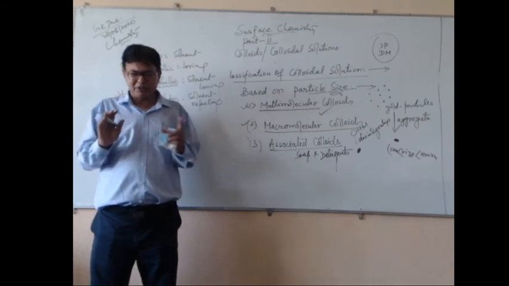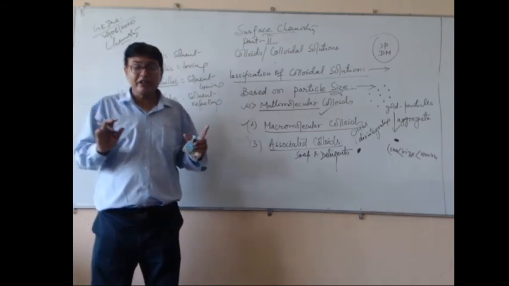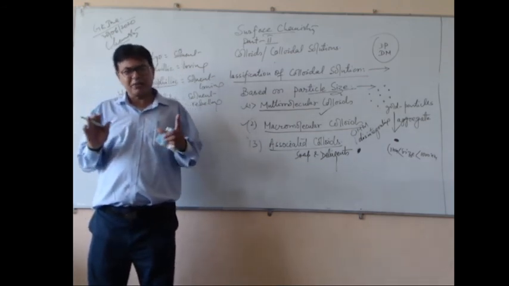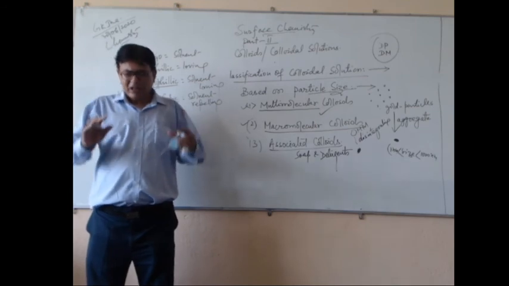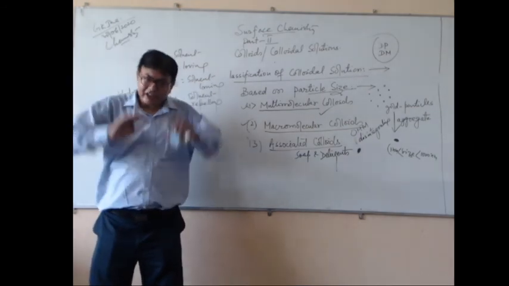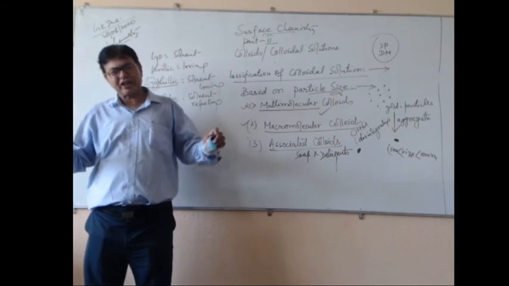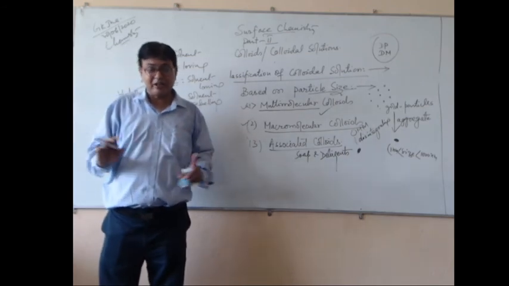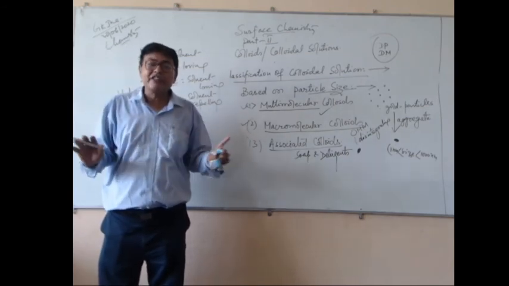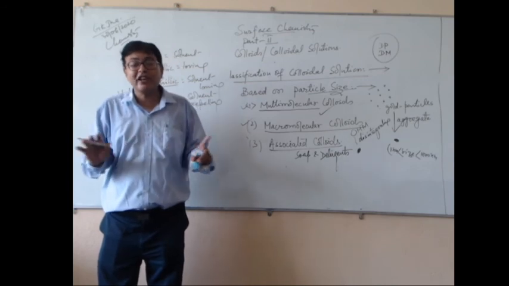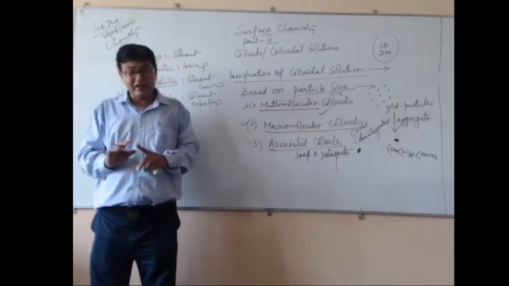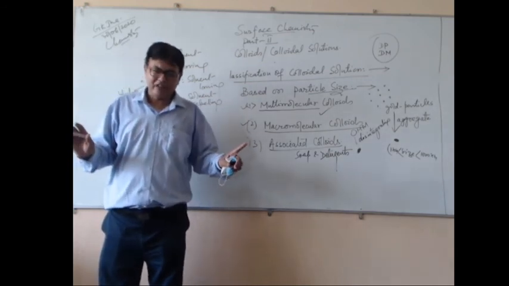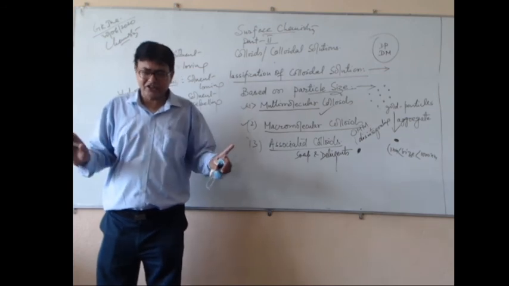Dispersed phase particles do not remain dispersed in the given dispersion medium; they all settle down. That means coagulation or precipitation has taken place, the colloidal state has been disrupted and doesn't exist.